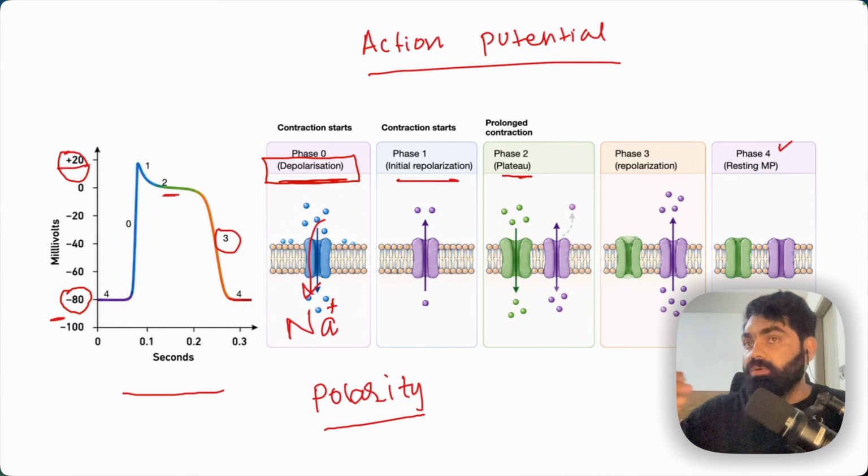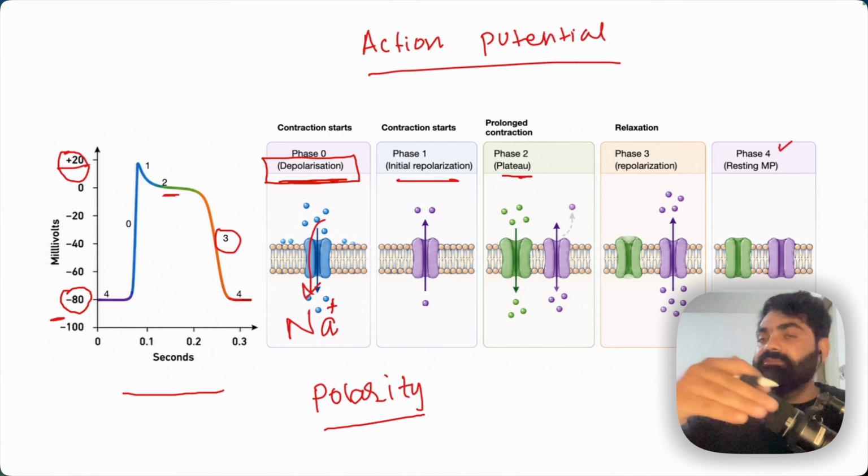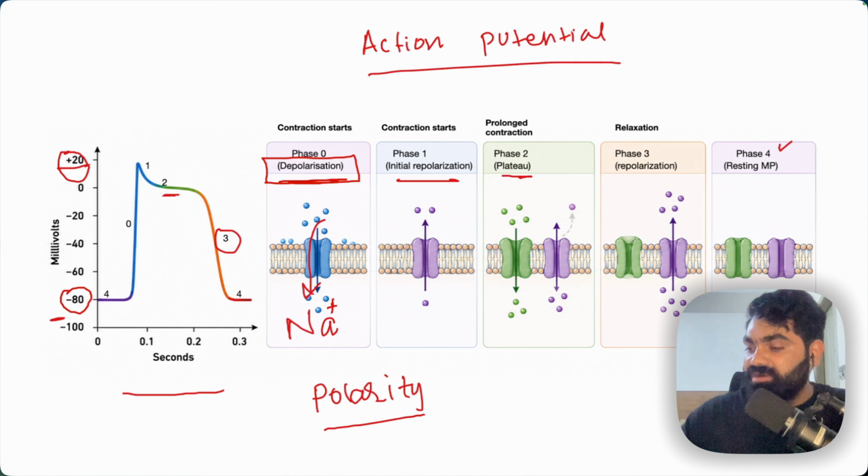So it needs prolonged contraction, unlike skeletal muscle contraction, which is spontaneous and doesn't need to last long. Repolarization means we are returning to the initial stage; re means returning to the repolarized state. So phase 0 is actually relaxation of the heart. We have seen this in a graph.